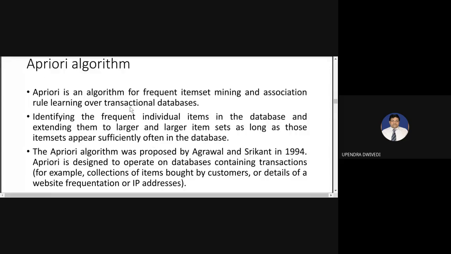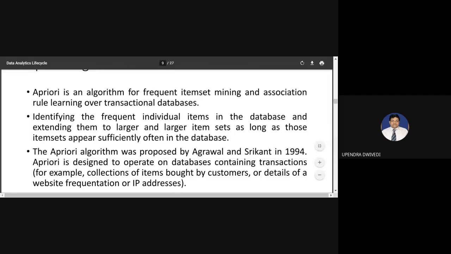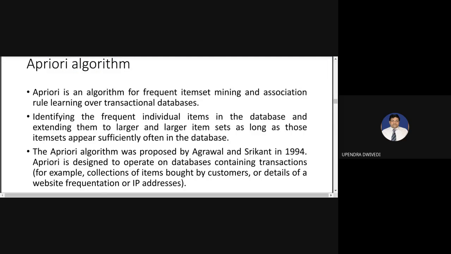Now, in today's session, we'll discuss the Apriori algorithm. Apriori algorithm is basically used for finding the frequent item sets. Apriori is an algorithm for frequent item set mining and association rule learning over transactional databases. So Apriori is basically using association rule learning on transactional databases.